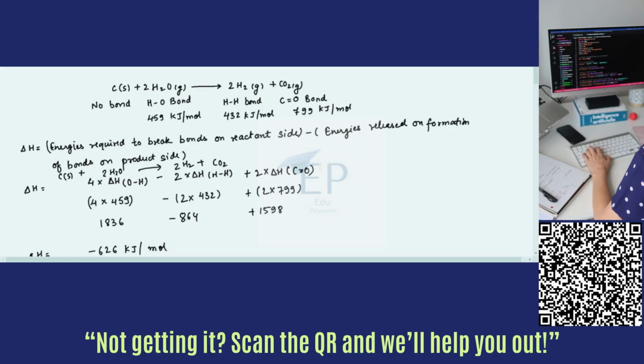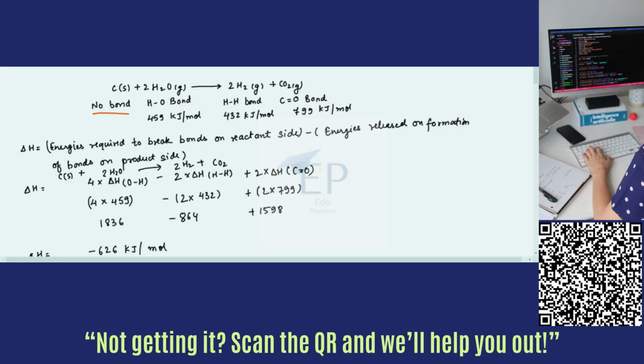Right. So first of all, we will find the average bond energies. So here is the reaction. Now we can see here there is no bond because it is a solid, that is carbon. And we have H2O gas.